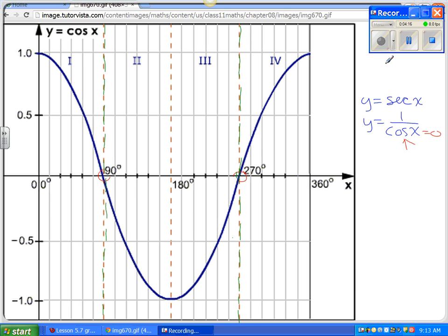Think about what cosine at 0 is. So what's secant at 0 going to be? Good. It's going to be 1. So I want you to put a point at 0, 1, in the colored pencil color.